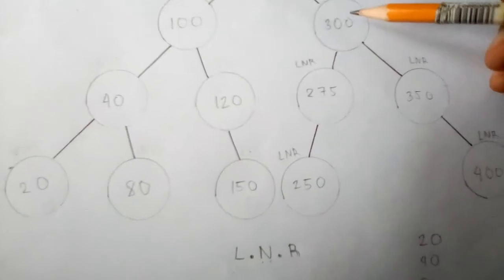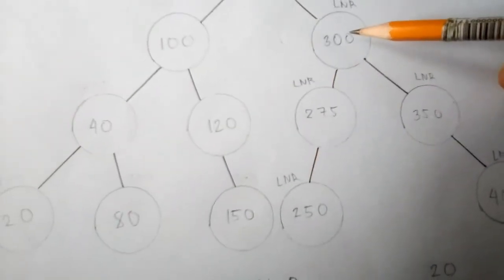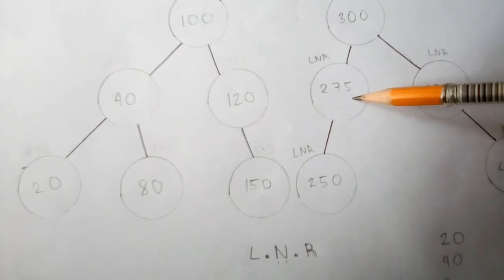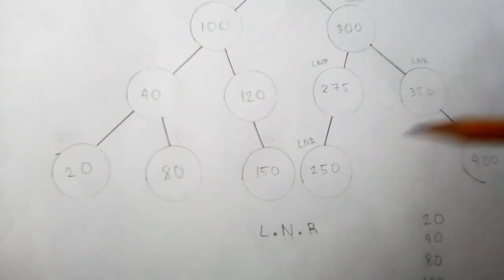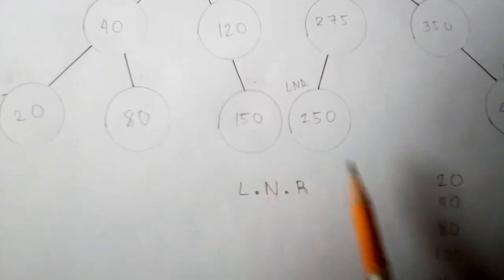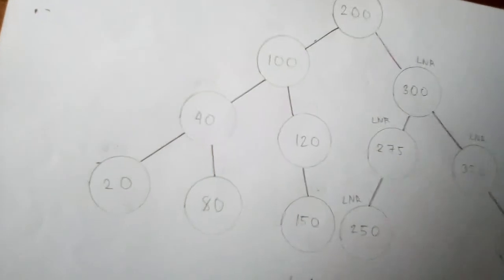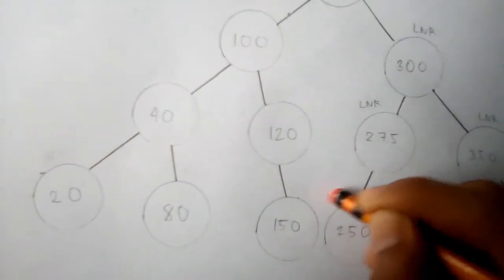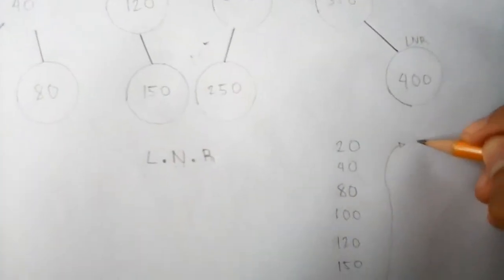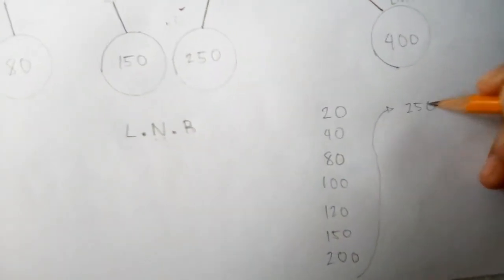Still applying the same algorithm, we go to the left subtree, going to the left subtree of 275 and then 250. 250 doesn't have a left or right subtree, so deleting LNR, we take the value of 250.